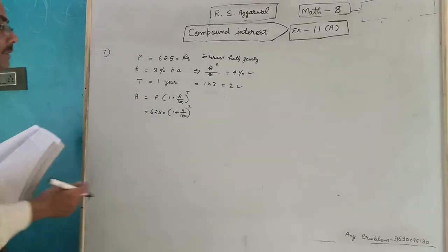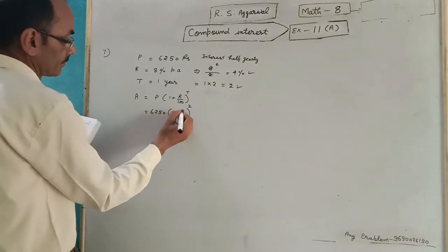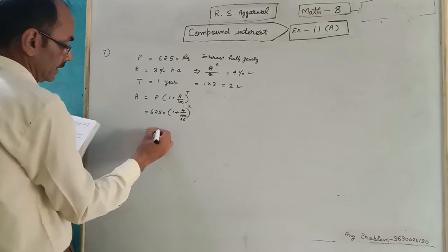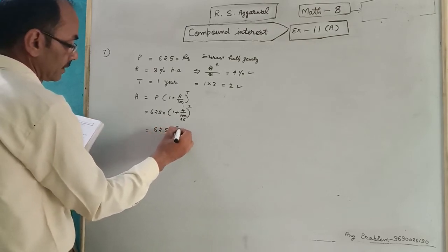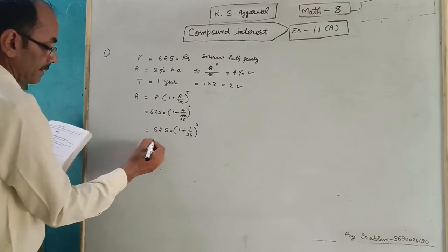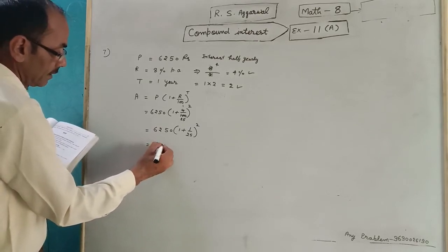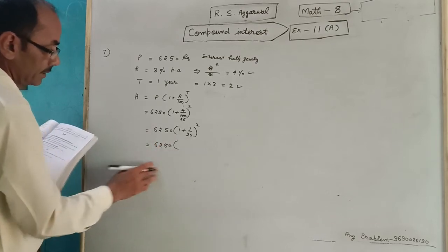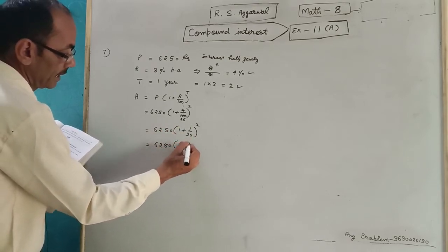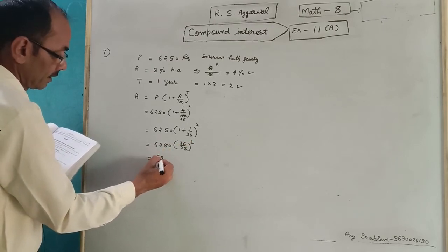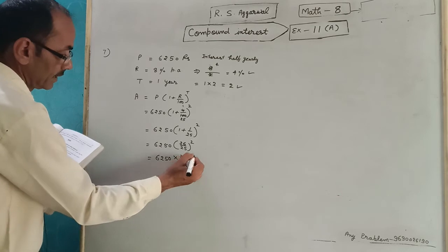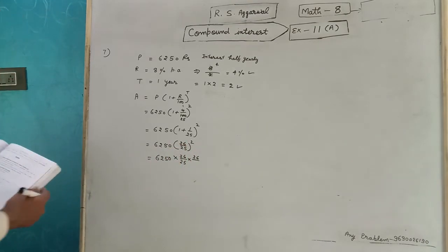Put this value of R and T. Divide by 4, 4 1 ja 4, 25. 6,250, 1 plus 1 upon 25 has power 2. 6,250, 25 1 ja 25 plus 1, 26 upon 25 has power 2. 6,250 into 26 upon 25, write according to power.